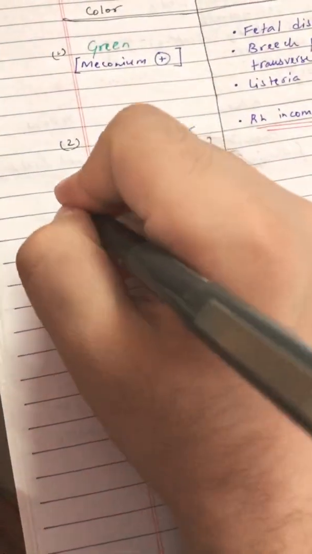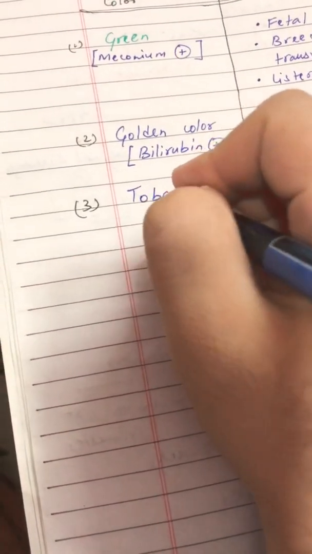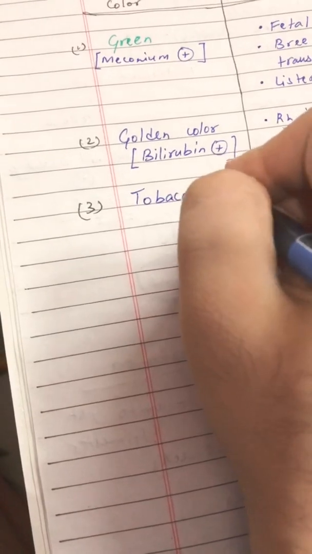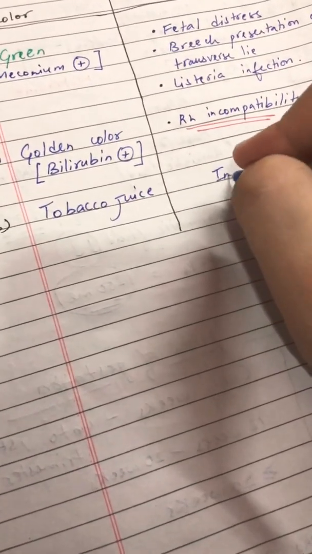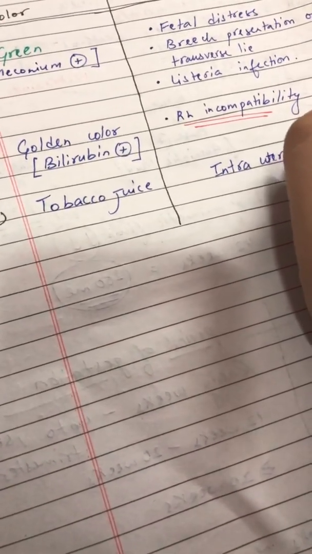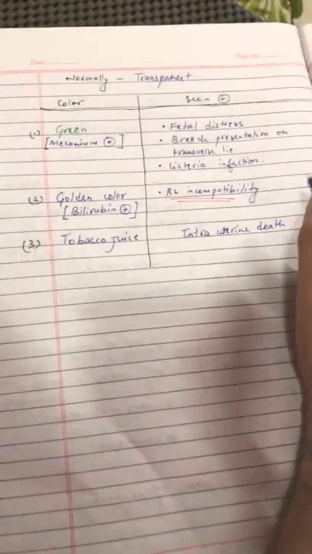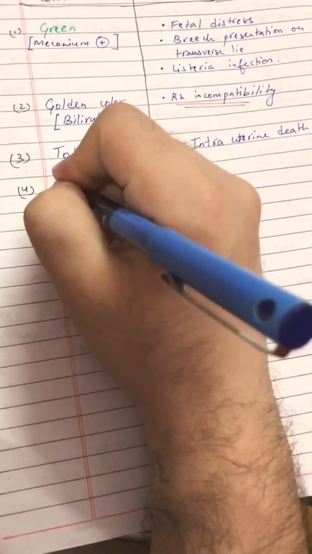The third thing is tobacco juice appearance. It is seen when there's an intrauterine death. Fourth one is saffron or yellowish green color.